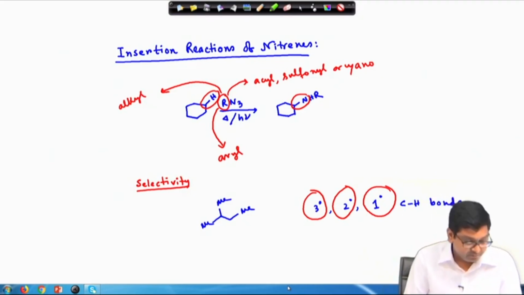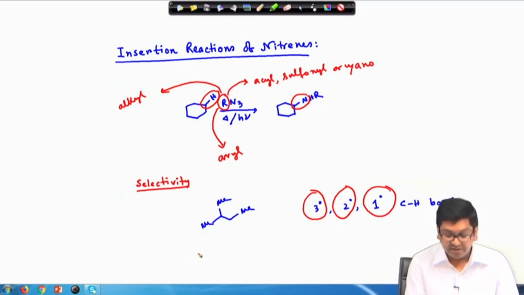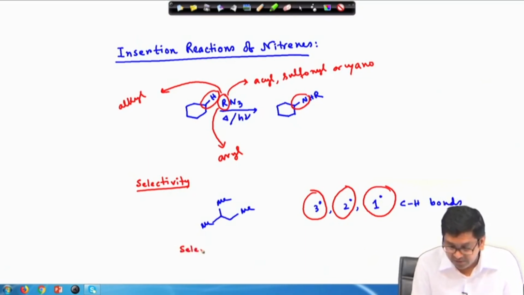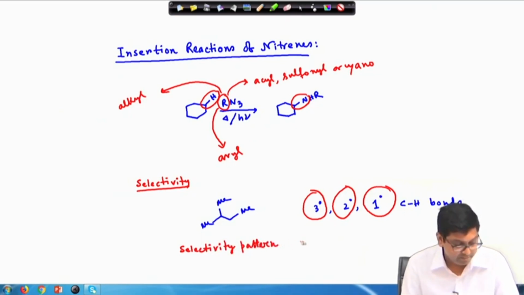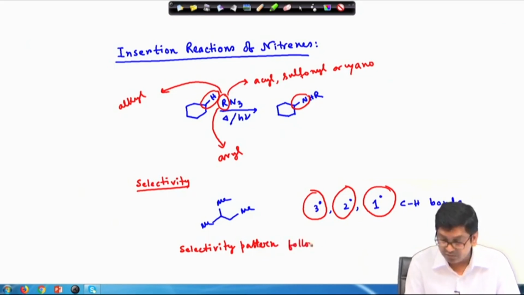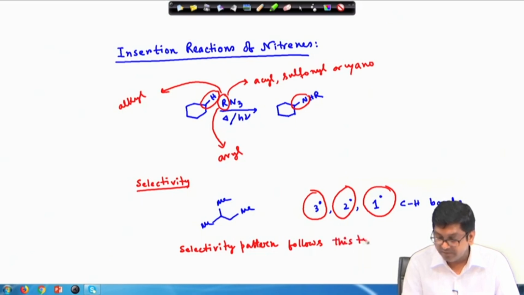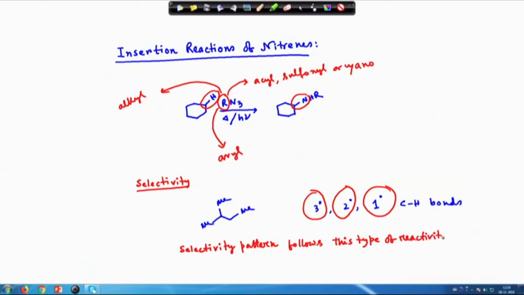So, the selectivity patterns in general follow this type of reactivity, that is the tertiary, then secondary, then primary.